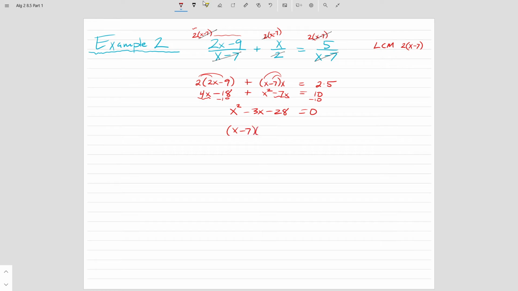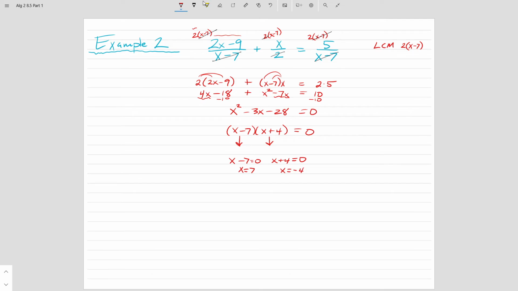So x minus 7 times x plus 4. And I'm going to solve each factor individually. And I end up getting 7 and negative 4.